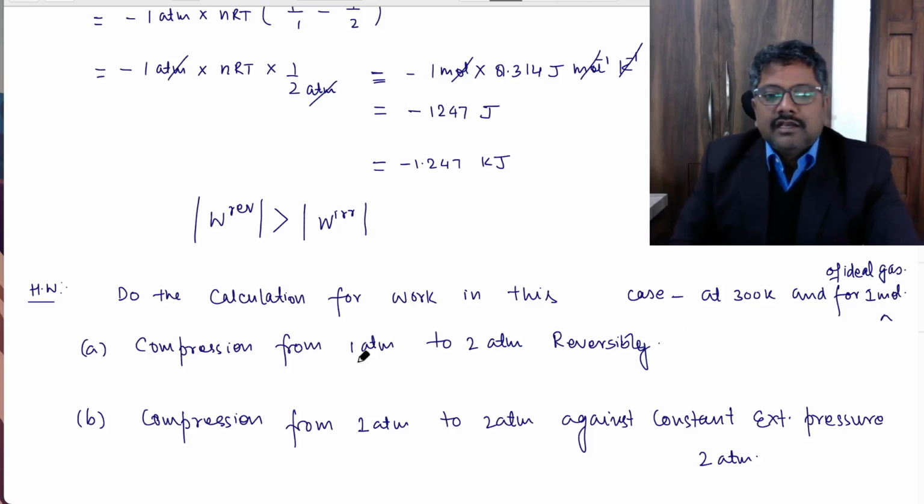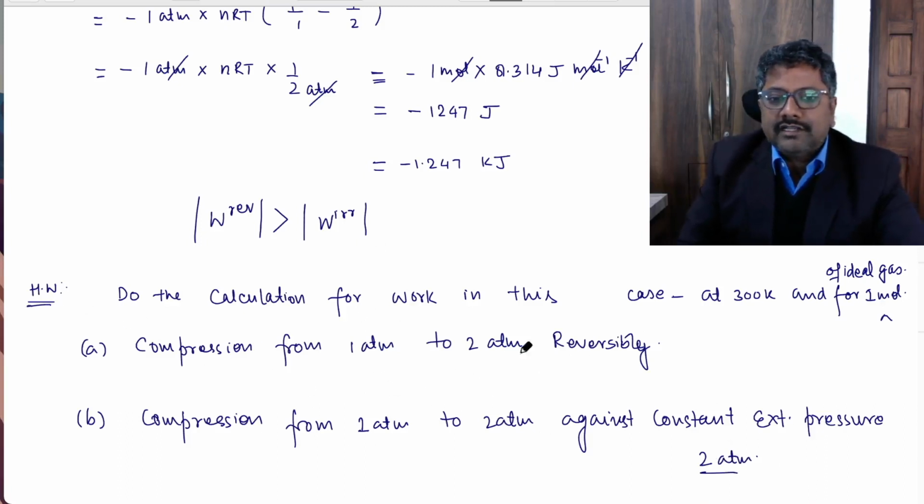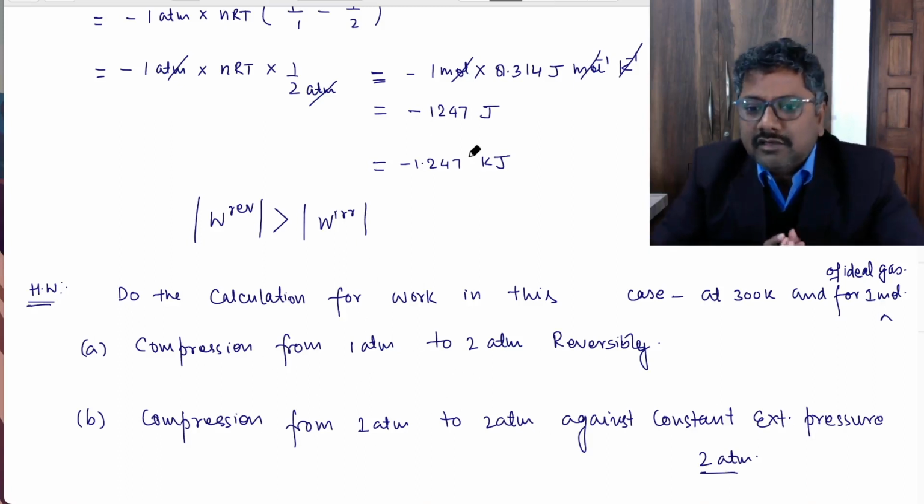Number 1, compression from 1 atm to 2 atm reversibly, and number 2, compression from 1 atm to 2 atm against constant external pressure 2 atm, right? So this is homework. All of you should calculate and compare this time. I have shown here one calculation and one comparison.